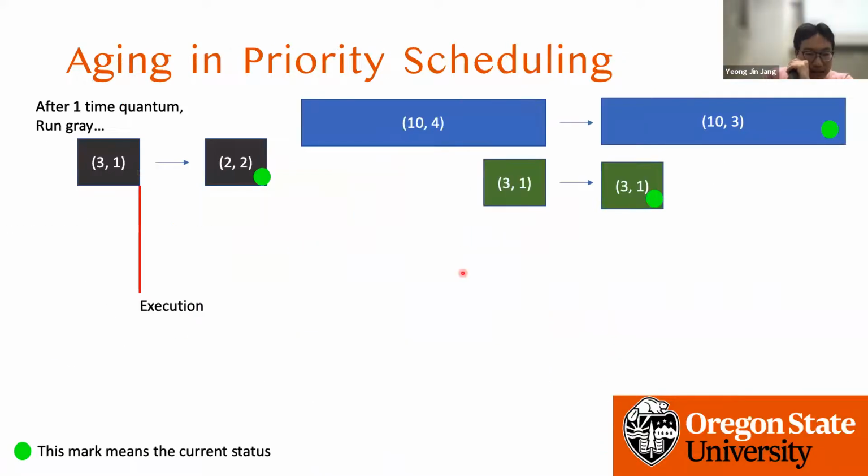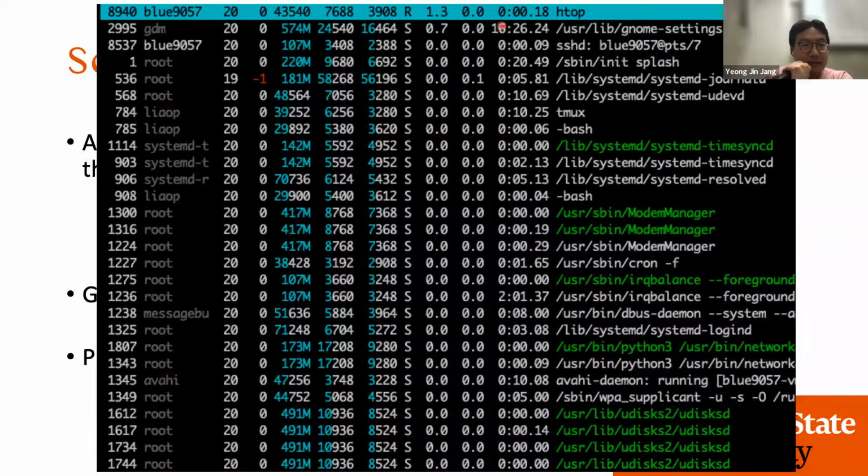Let's take a look at the top diagram. Here it is. Here, this column is all about the process ID, this column is about the program name, and this is about the username.